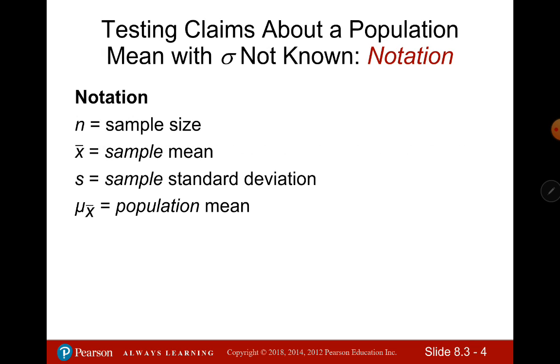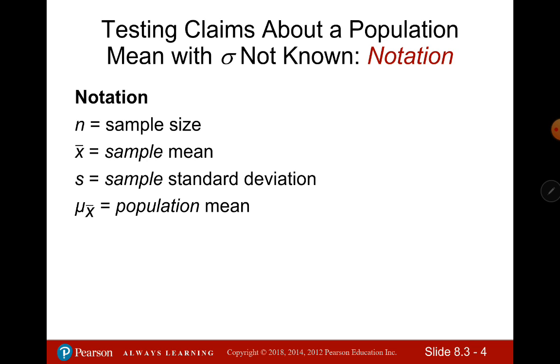So let's check the notation. The sample size is n, meaning how many samples are in our experiment. The sample mean, we already know, is x bar. It's from the sample, right?